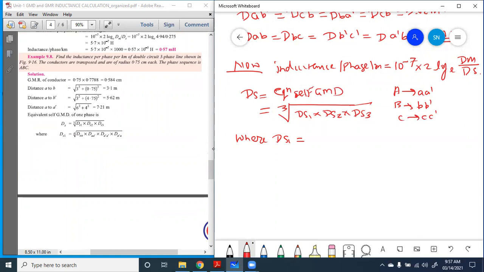Now Ds1 is related with phase A, so it is the fourth root of Daa into Daa' into Da'a into Da'a'.